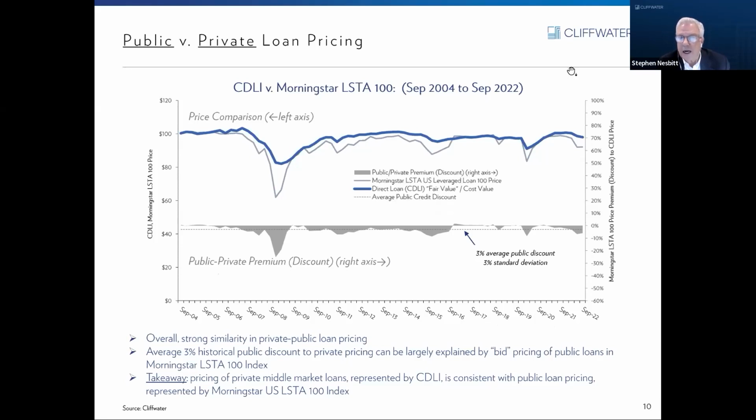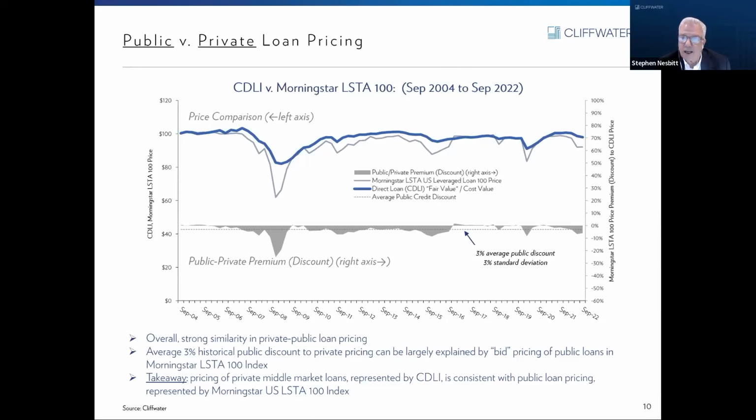Second observation is there are some differences between public loan pricing and private loan pricing, as you can see, but by and large they're pretty small. They move in the same direction. The magnitude can vary, but in terms of pricing between publics and privates, they're very close.